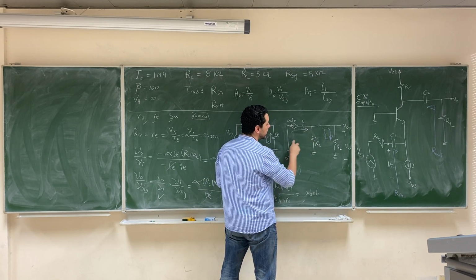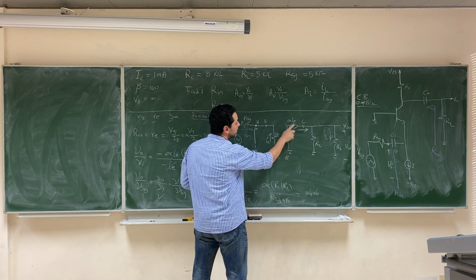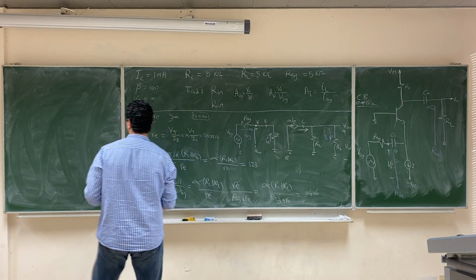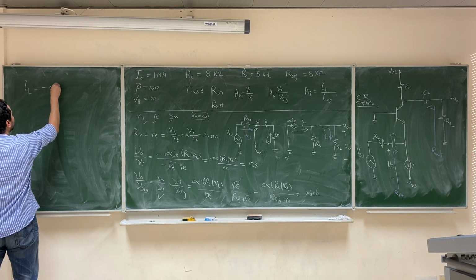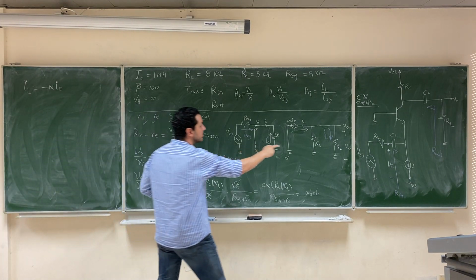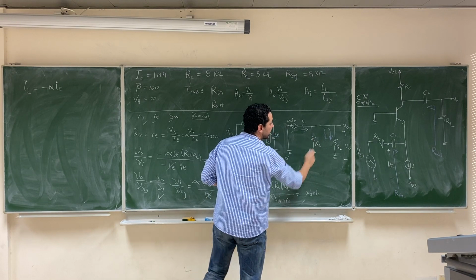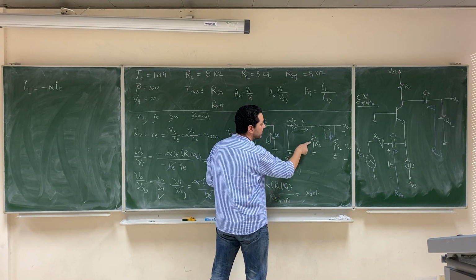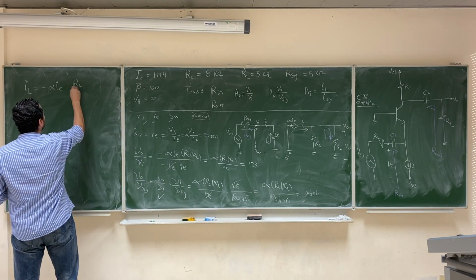The total current here, negative alpha IE, will be divided by these two resistors. So in the current divider rule, you multiply by the other resistor, so you multiply by RC over the sum.